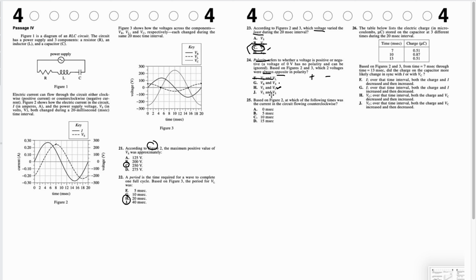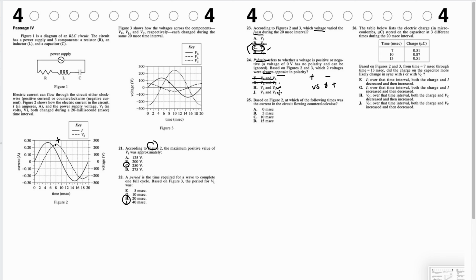Then we have VL and VS. VL is the dashed and VS is in this figure as well. We can pick a point for VS at, let's say, 8 seconds. It is in the positive. At VR, the solid, at 8 seconds, it is also in the positive. So those are not opposite of each other. And then for VS and VL, at 8 seconds, VL, the dashed, is in the negative. So that one so far is okay.